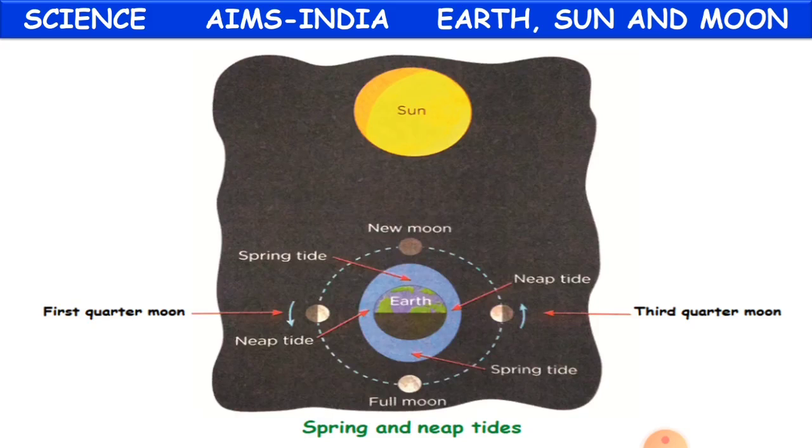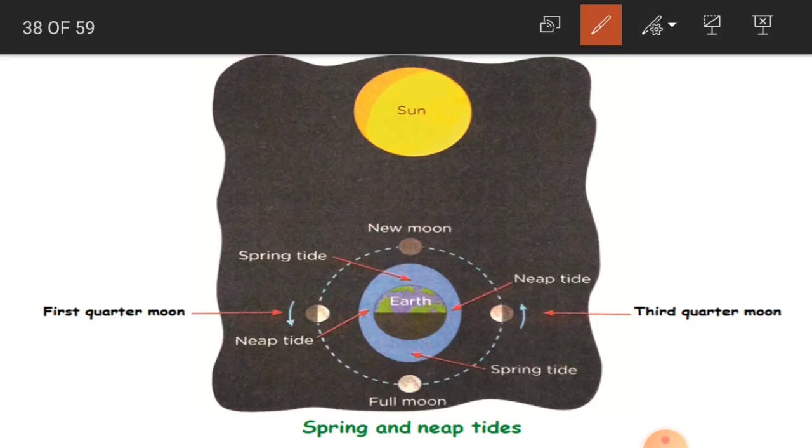And this is the diagram representation. See here, neap tide. Where is the sun? Here is the sun. And where is the moon? Here is the moon. How is it? It is at a right angle.